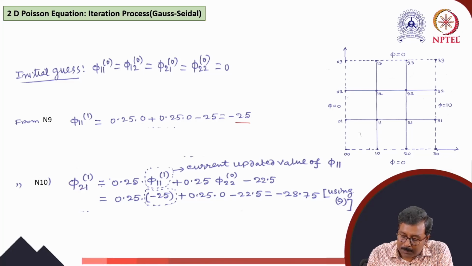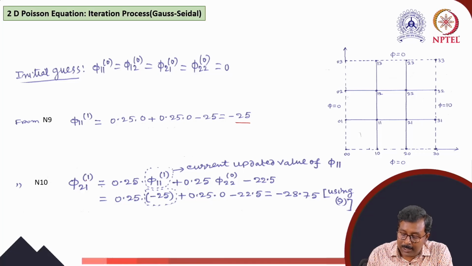The equation for phi 2 1 has on the right side a term of phi 1 1, 0.25 into phi 1 1, in equation N10. But how will this be used? In the Jacobi method, phi 1 1 was used with the initial guess value phi 1 1 0.